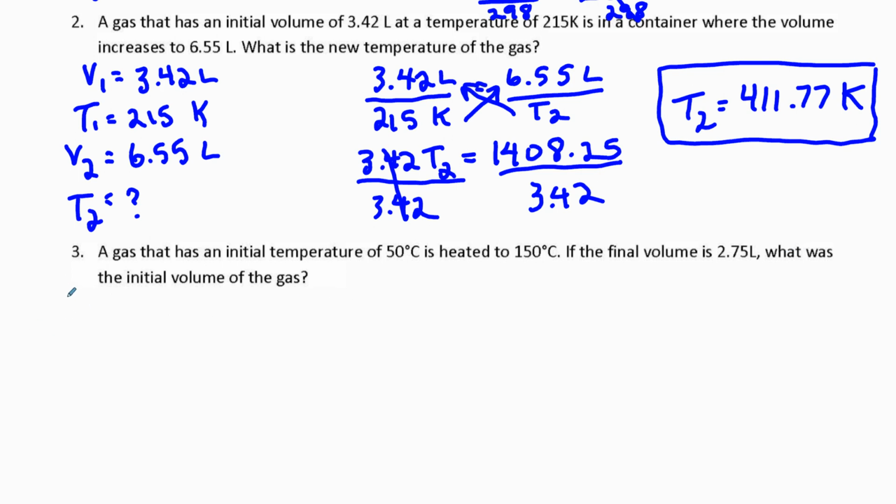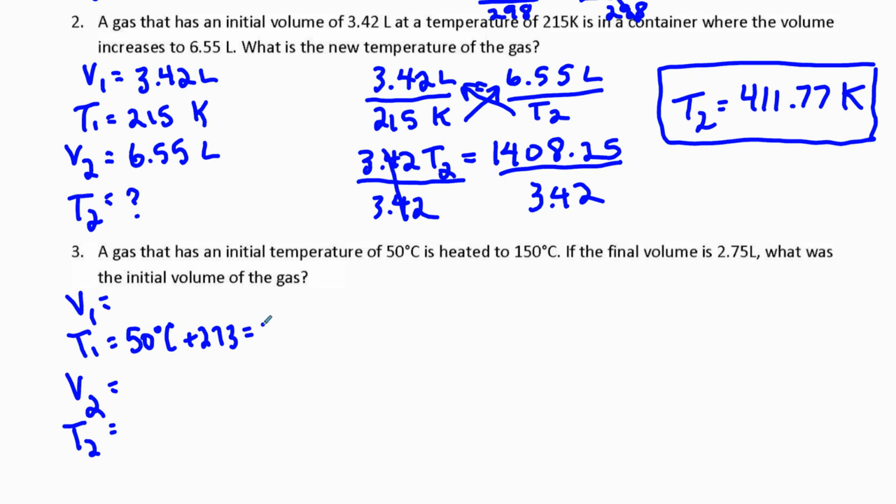So let's write that all down. Okay, so initial temperature is 50 degrees Celsius. Let's change that to Kelvin right away so we don't forget.